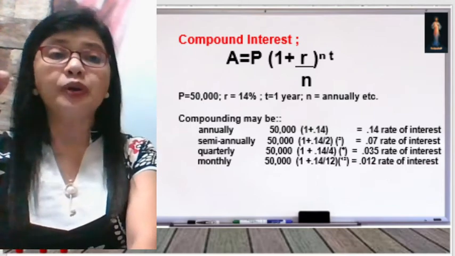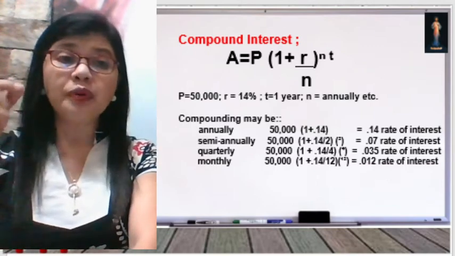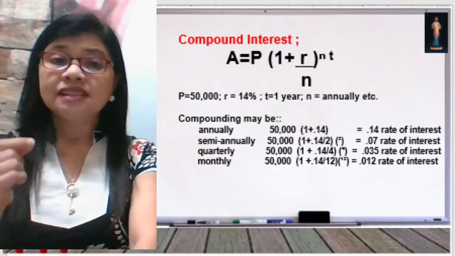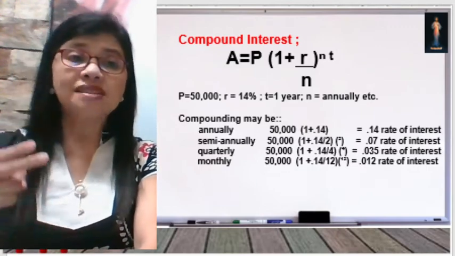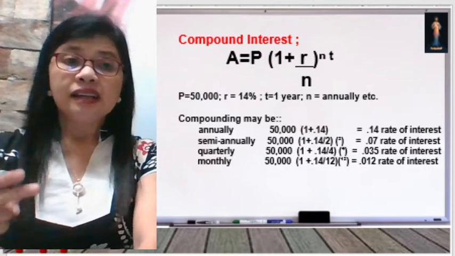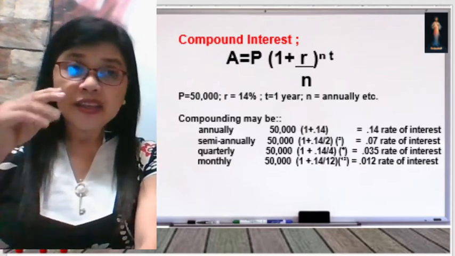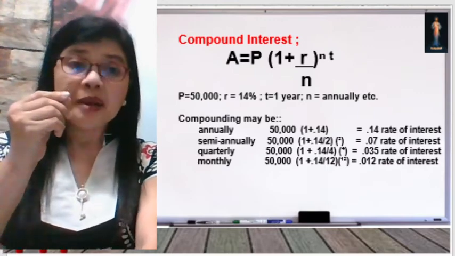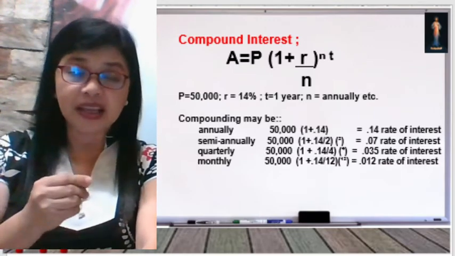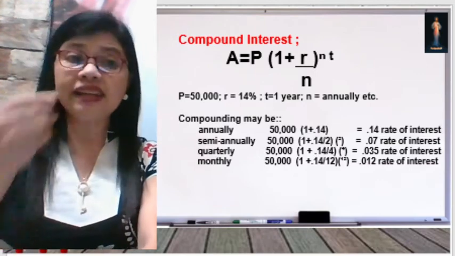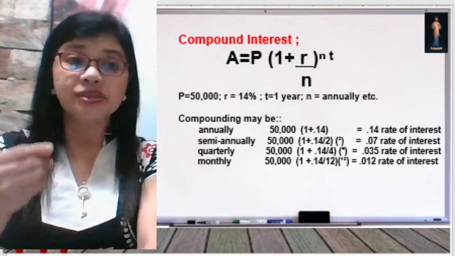Why do you divide 0.14 by 2? Because 0.14 divided by 2 is 0.07. That means you earn interest twice a year. You divided the 14% by 2. So for semi-annual, you earn 7% or 0.07, and in the second 6 months, you earn 0.07.